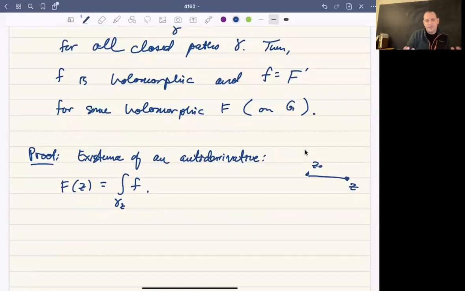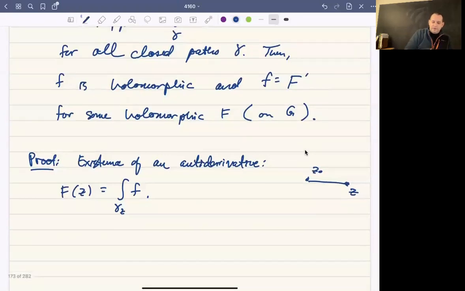And then once you have an antiderivative, everything else falls perfectly into place, because capital F is holomorphic, since capital F has a derivative, namely little f.